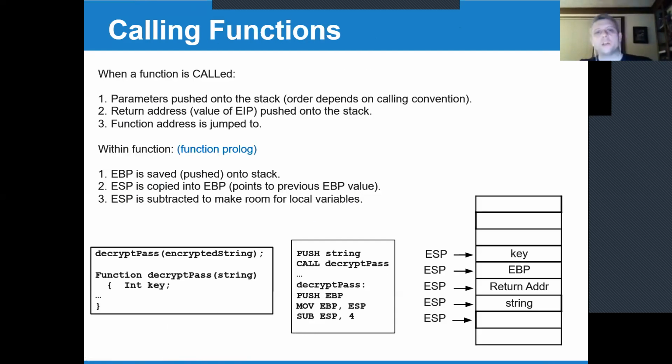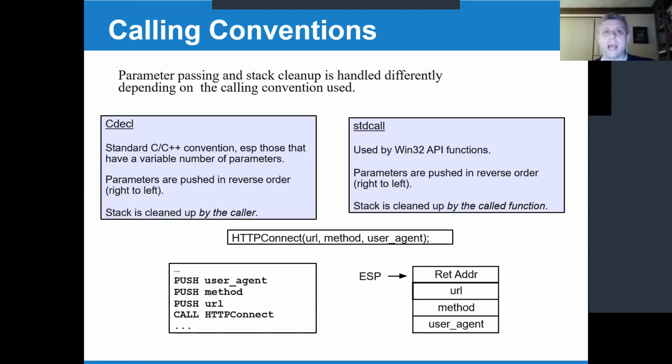So I mentioned that there are a number of different calling conventions that relate to how the parameters are pushed onto the stack. Well, there's at least 4 or 5 that I can think of, depending on the language you're using, depending on the compiler, and all that. The ones that you're really going to want to know about are called cdecl and stdcall.